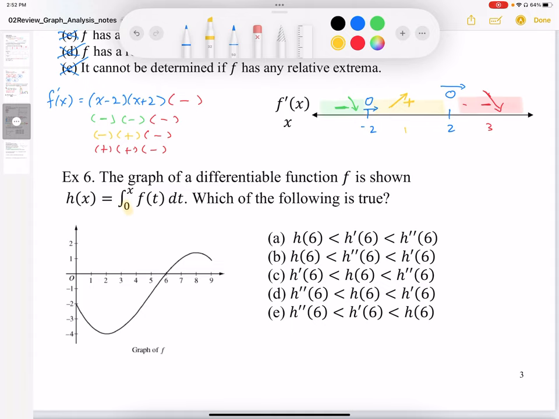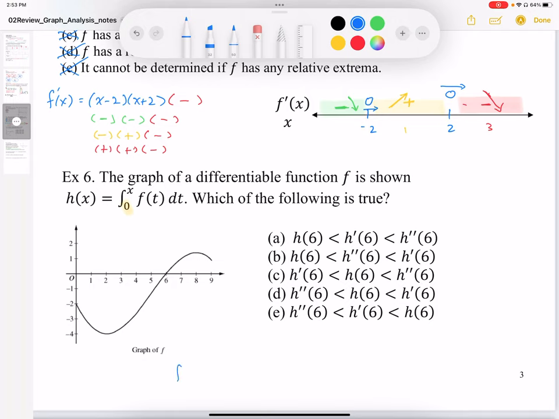Okay, so we're being asked about h at 6, h prime at 6, and h double prime at 6. Okay, so what we can say is that when we take a look at the h graph, the graph of the f graph, that is the derivative.